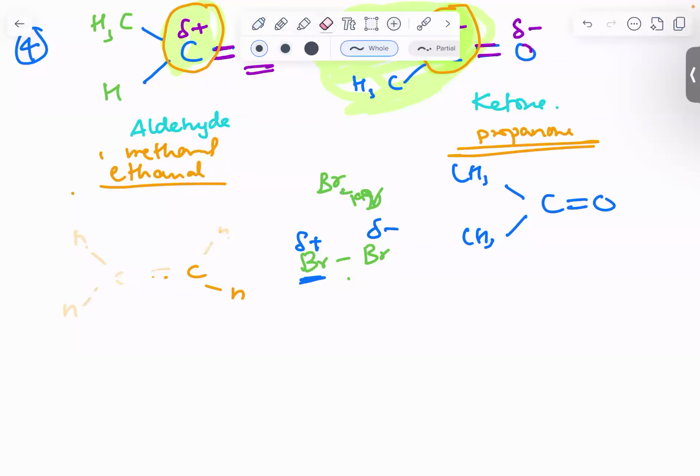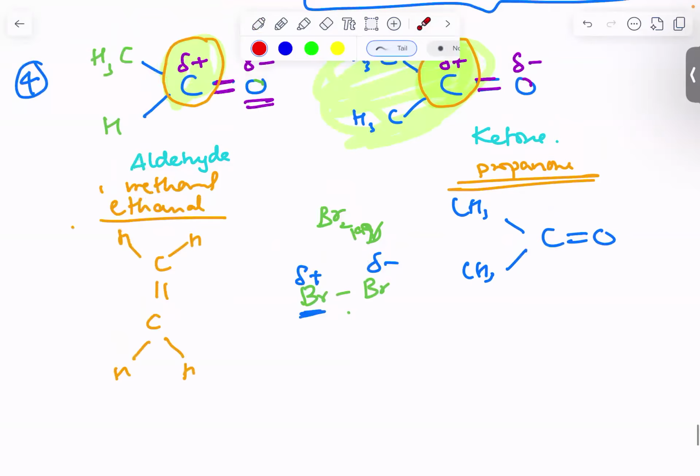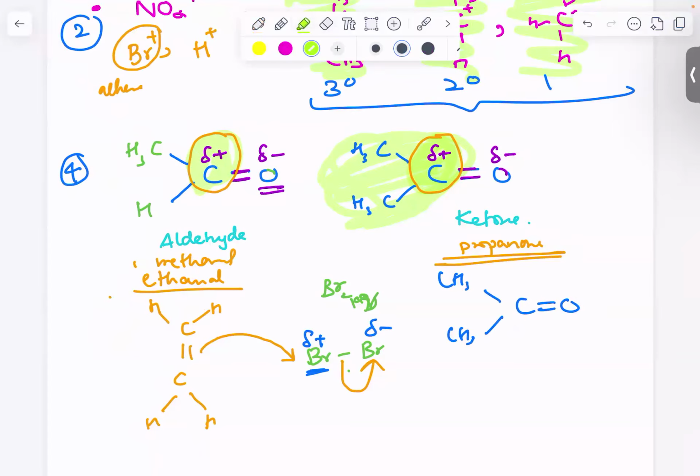It's better to write it in this way because it makes things clearer, like this: H and H and H and H. It is strange that bromine, which is non-polar, when you react it with alkene, shows alkene as if it is deficient of electron. So what does alkene do? It gives its electron to this, and the bond gets broken between bromine and bromine. Is it clear? So what is this actually? This is the electrophile I am talking about.